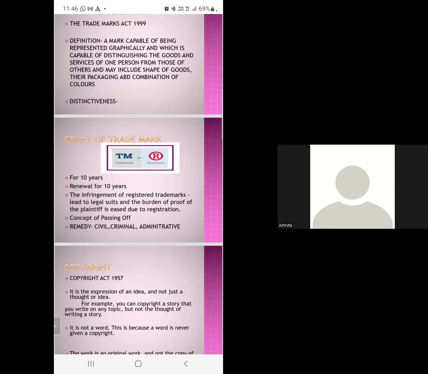Even though someone had the right, people were not aware of it, and even if there is infringement, people were not aware that we can go to court and ask for the remedy. However, in this century, people are getting more and more aware of these rights, and people have started coming to the court and asking for their rights.